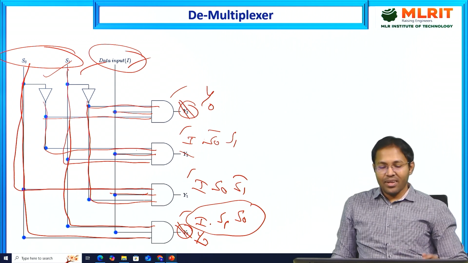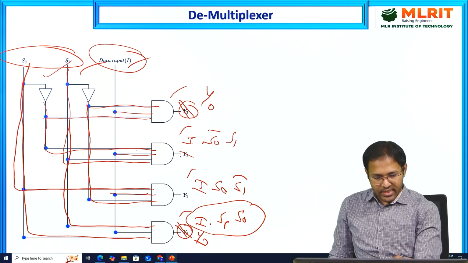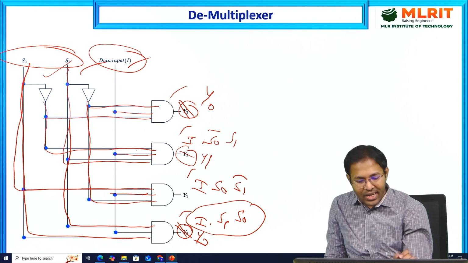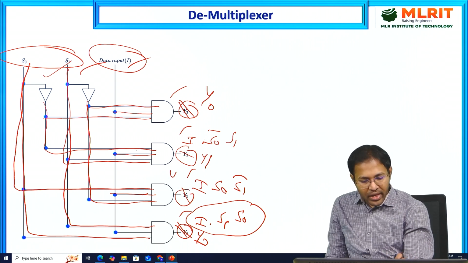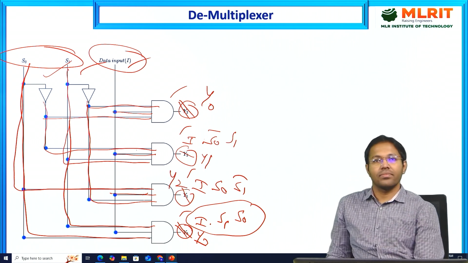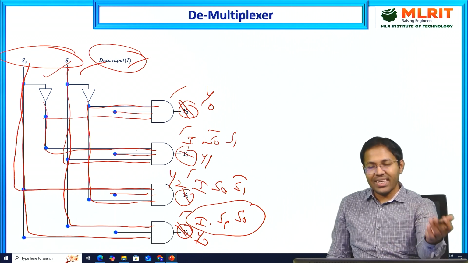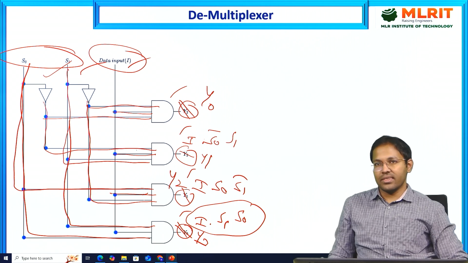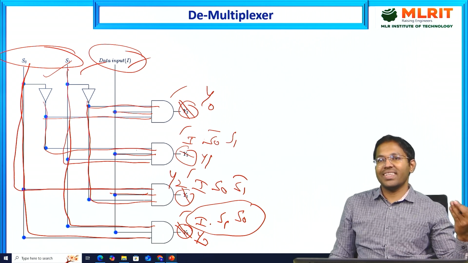It is clear. But what about these two cases? If this is Y3, this is Y2, this one has to be Y1, this one has to be Y2. Again, I would remind the audience, the previous case is also correct, this is also correct. We have multiple answers. Different textbooks represent it differently.